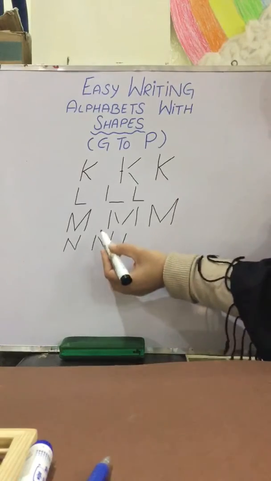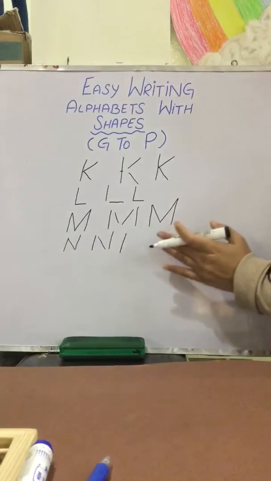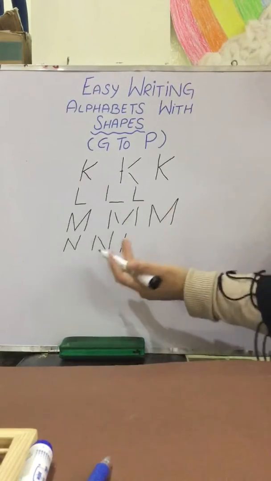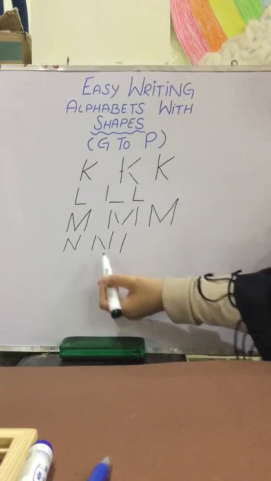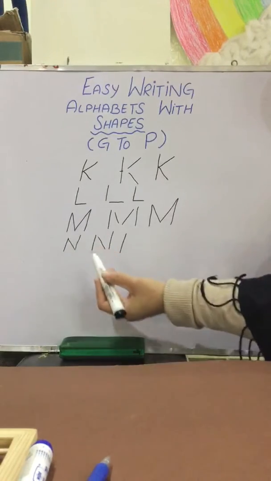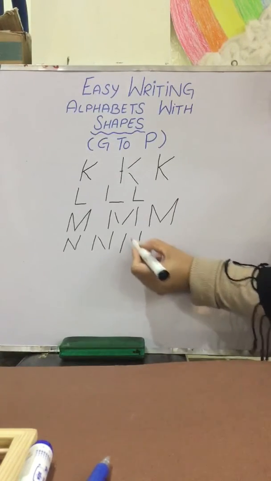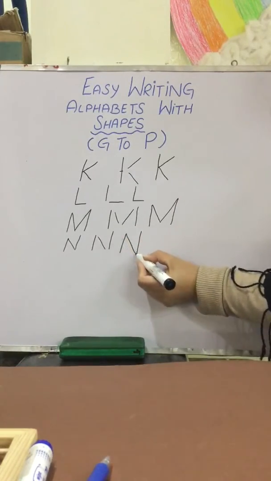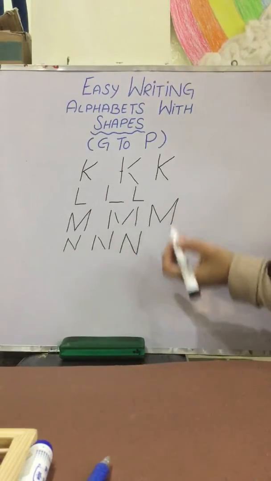On one side of the page we have a proper shape, and on another page we have only the pattern. By looking at either side, the kid joins the points. So by joining points we get K, L, M, N.